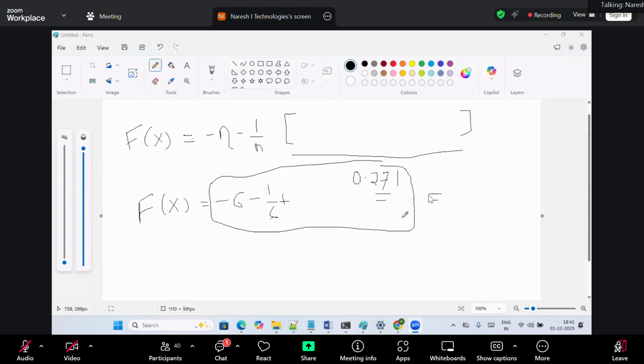Tell the exact value so that we get an answer. Minus 5 point something, this is the value, minus 5.89. So this is the value of A square. This is the value of A square you got here, correct? But which value do you want?